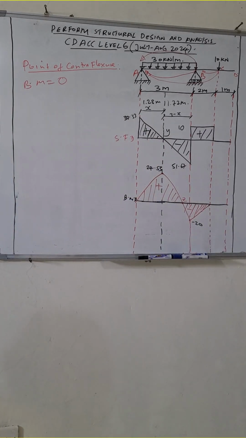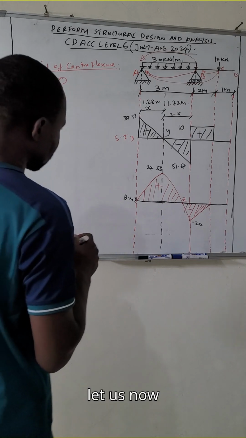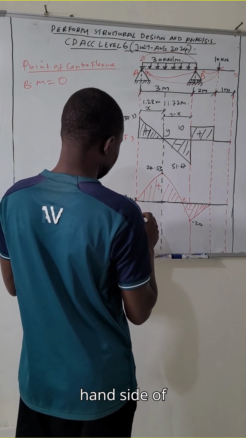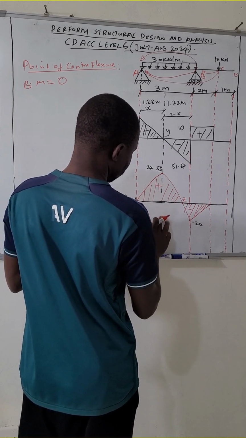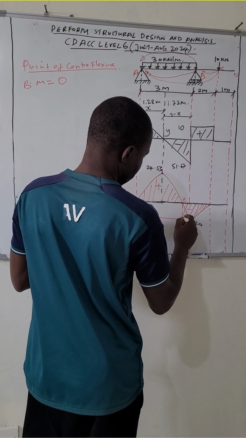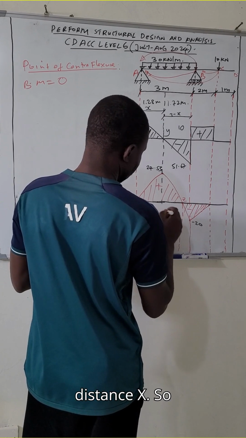At times you may be told to calculate the distance from the left side of the beam to the point of contraflexure, or from the right side of the beam to where the point of contraflexure is. Let us now calculate the point of contraflexure from the left hand side of the beam. So we'll be calculating this distance, this is the distance x.